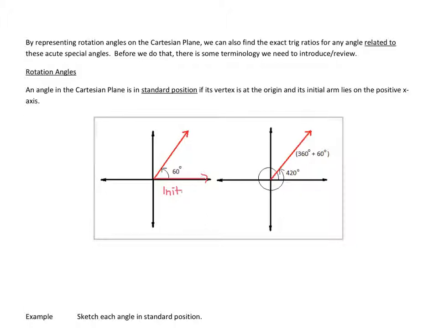So let's label this as the initial arm. The angle then in standard form rotates counterclockwise, as indicated by the arrow in your diagram. And the arm that's actually rotating we call the terminal arm of the angle. So the vertex of this angle always stays at the origin.